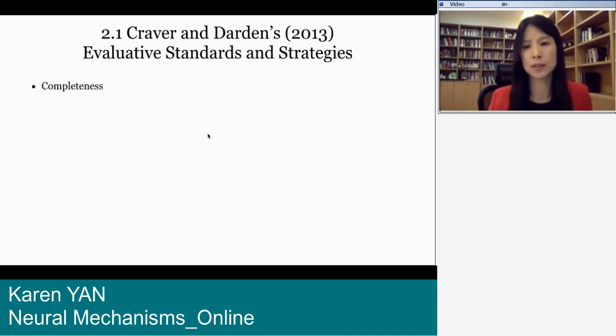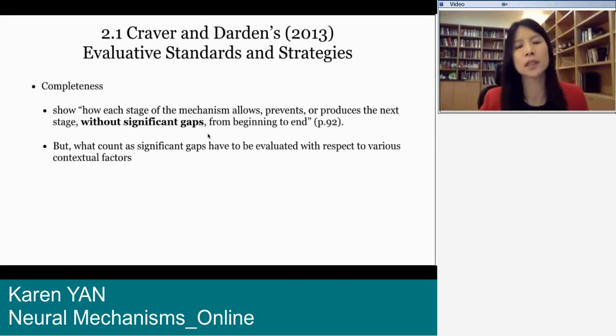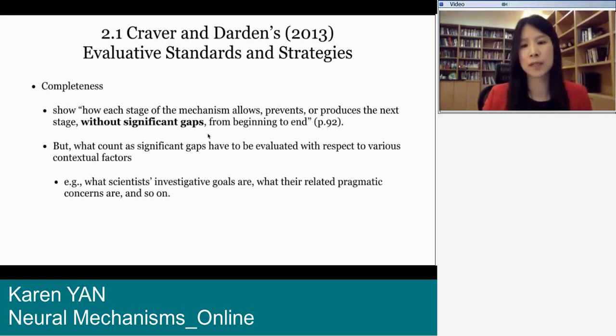The second one is completeness. They require that a causal representation has to show how each stage of the mechanism allows, prevents, or produces the next stage without significant gaps from beginning to end. But they emphasize that what counts as significant gaps has to be evaluated with respect to various contextual factors, for example, what the scientists' investigative goals are, what their related pragmatic concerns are, and so on.